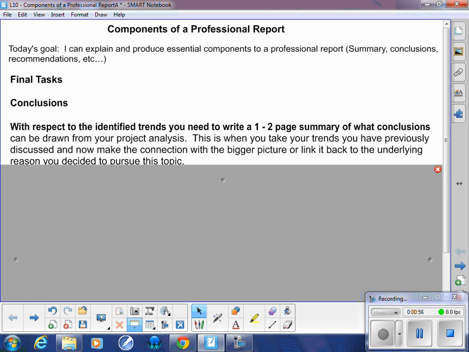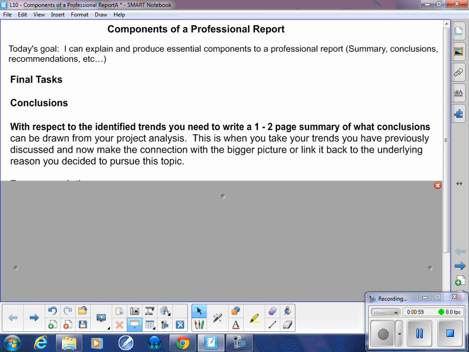You're identifying the trends. You would have found trends that supported your statement, and you'd write your conclusions based on those. Also include some of the trends that may have disproved it. But there's no opinion here. It's just a clear, this is what I found, this is what was proven, this is what was disproven.